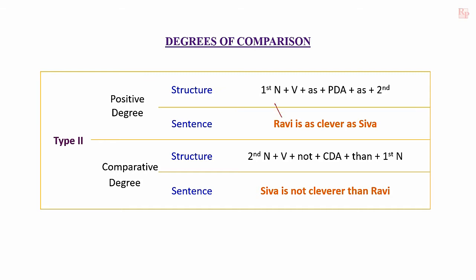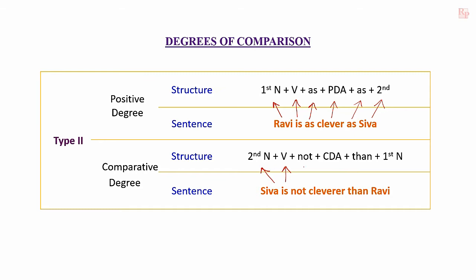When the sentence is in positive degree, you should observe the sentence. Here the first noun is given. After that, the verb is there, then as, the positive form of the adjective, and again as, then the second noun is given. When the structure is like that, you have to take the second noun at first, then write a suitable verb.